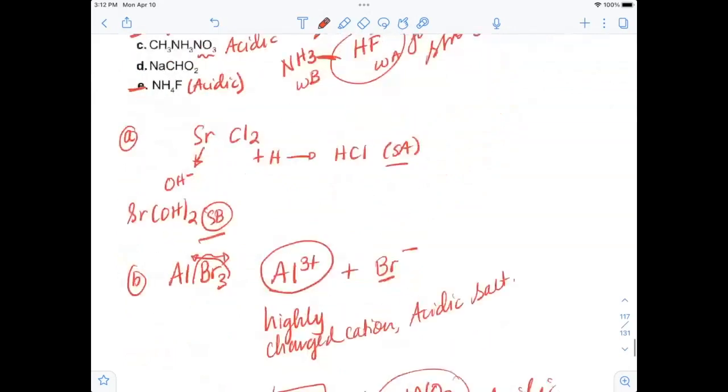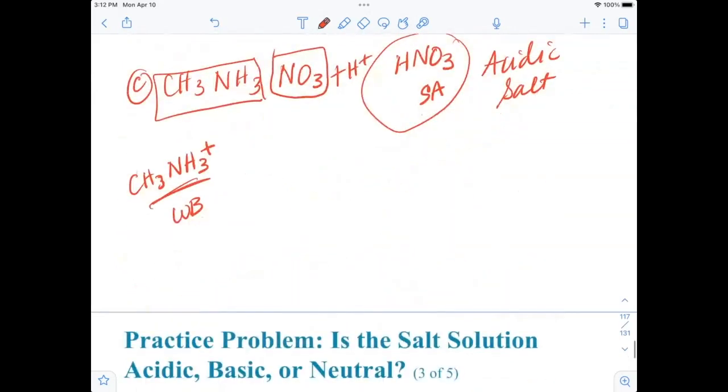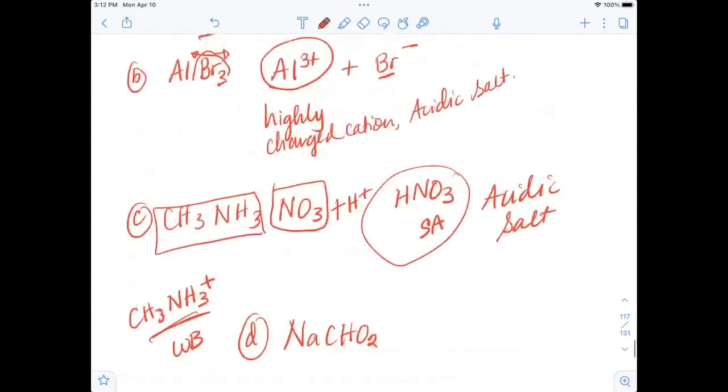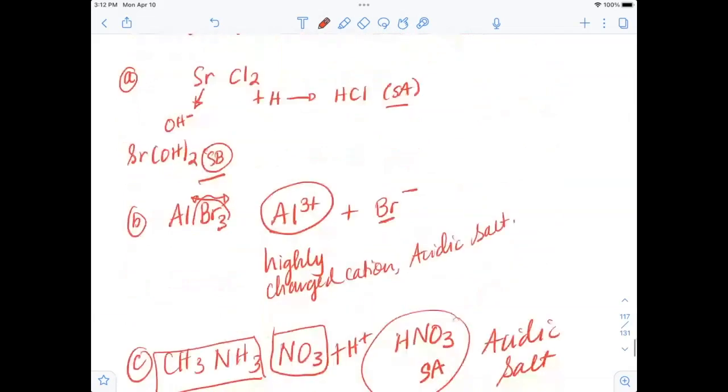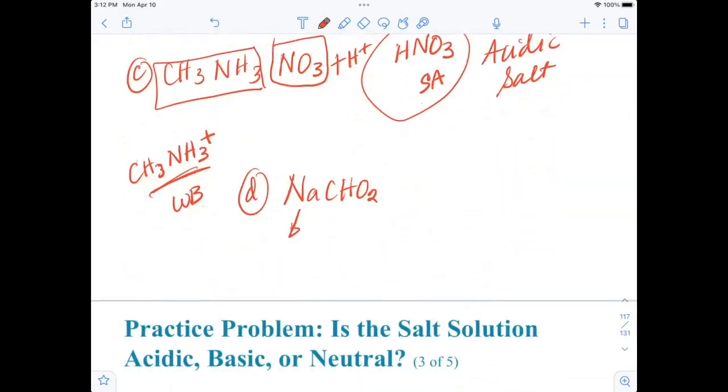And then we have nacho. It's not really nacho, but you know what I mean. This is part D. Sodium CHO2. And this one here, of course, add your OH, and we get sodium hydroxide, which we recognize as a strong base.